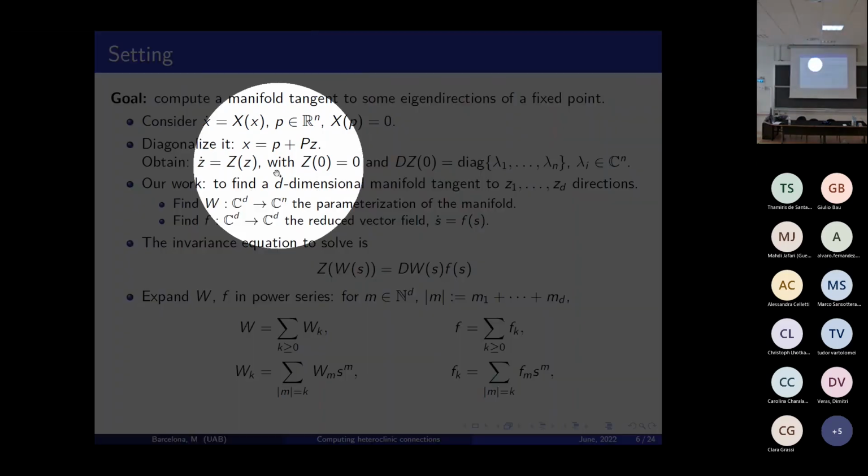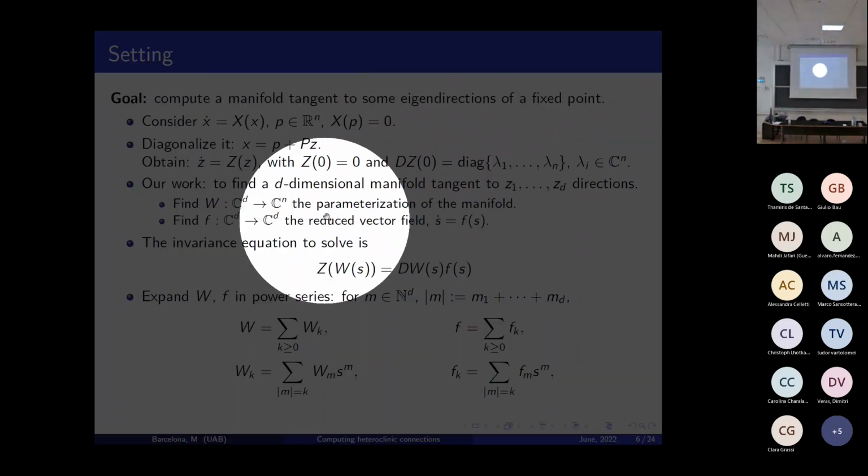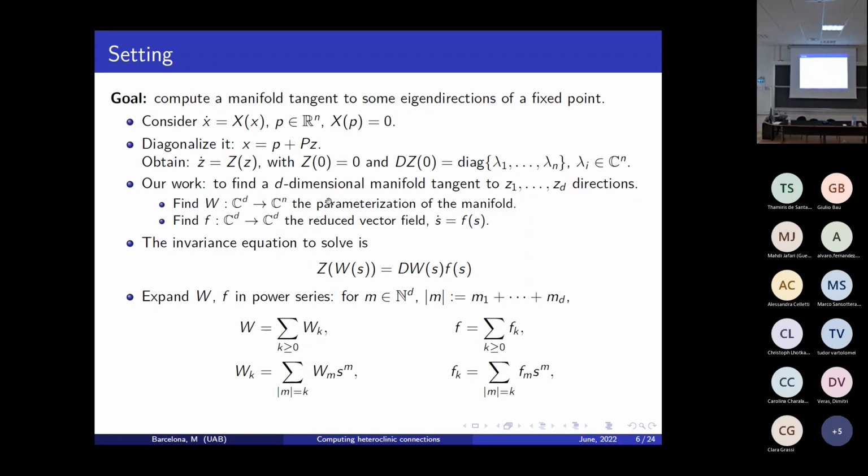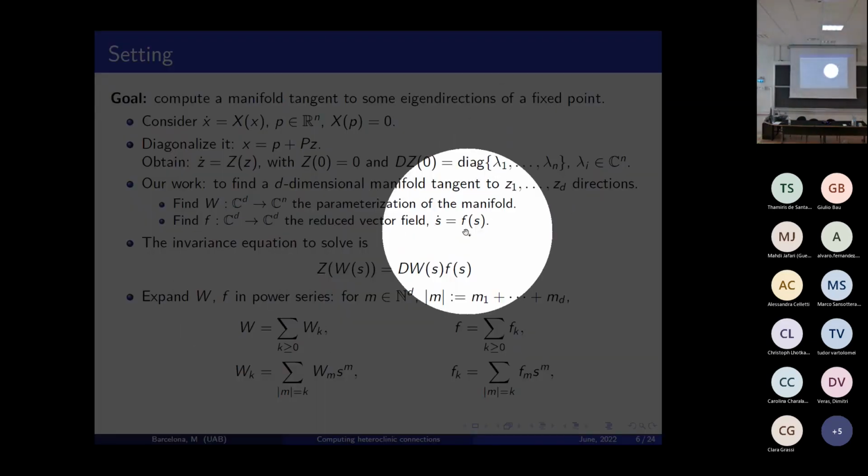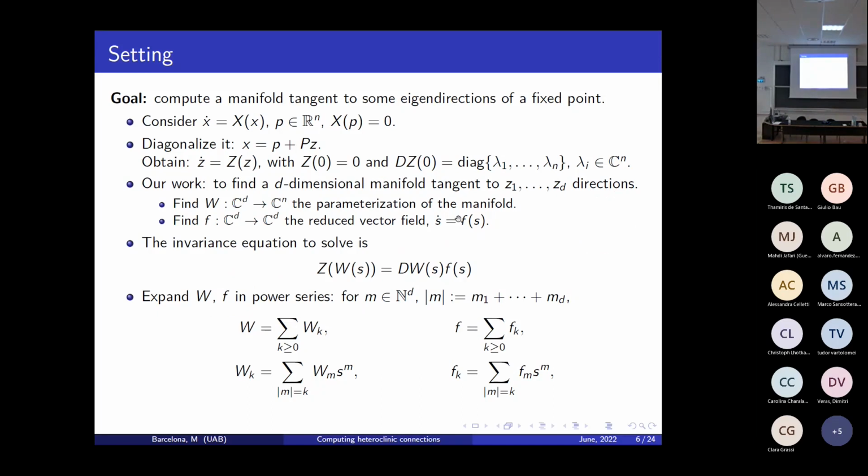So our work turns out to be to find a d-dimensional manifold tangent to the first d directions. So we need to find W, which is our parameterization of the manifold, and F, the reduced vector field, which has the system of differential equations associated on the manifold.